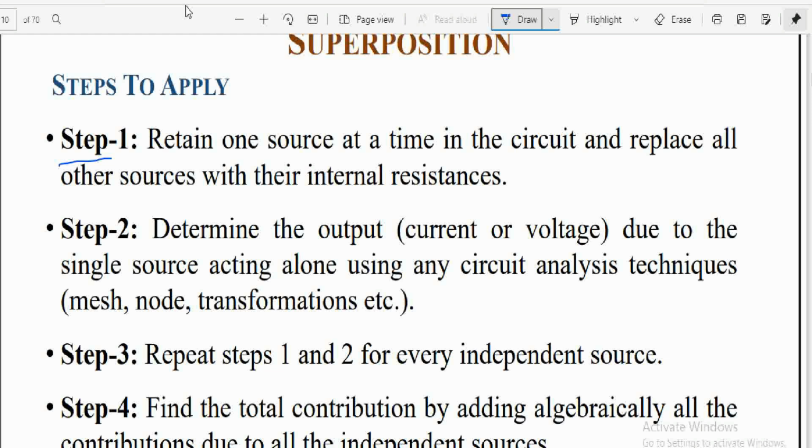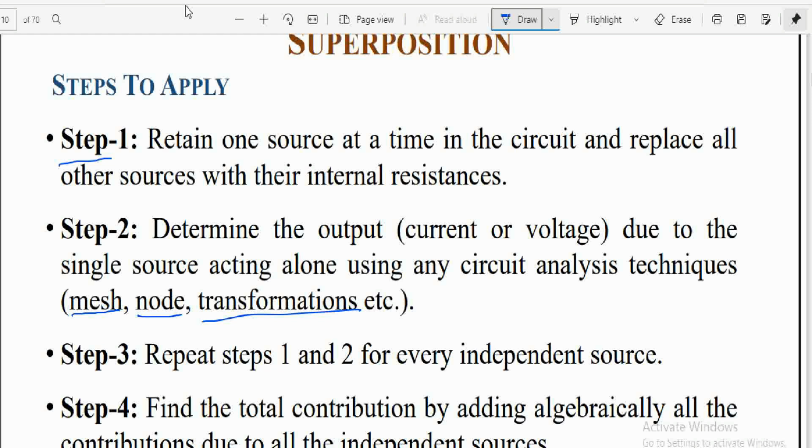After replacing other sources with their internal resistance, and by considering one source at a time, you can apply according to your convenience, according to your circuit, mesh analysis or node analysis or source transformation. That's why I said that mesh and node analysis are very important.